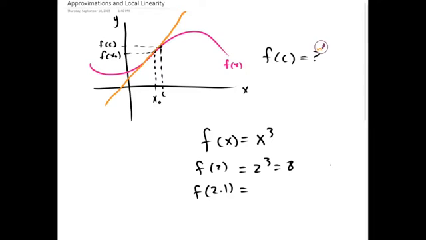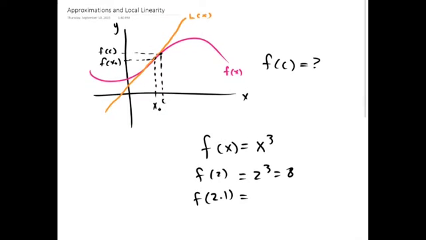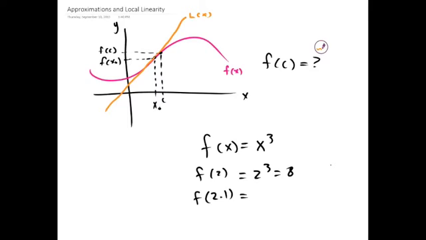We're going to call this tangent line capital L of x, and instead of finding f of 2.1 or f of c, we'll find L of c. So L of c should be approximately equal to f of c. As we can see in this picture, it's only a little bit of an overestimate.